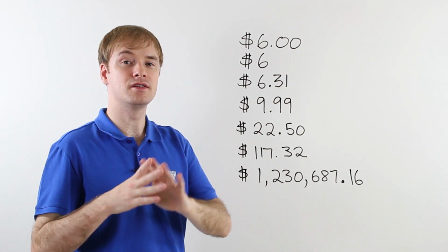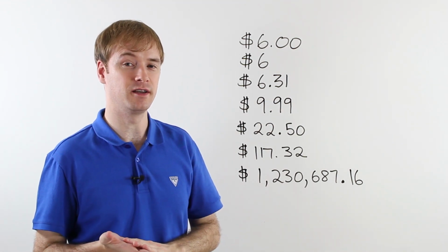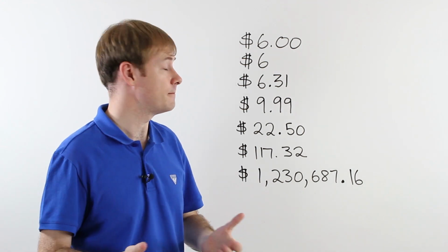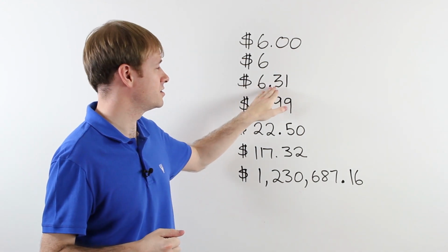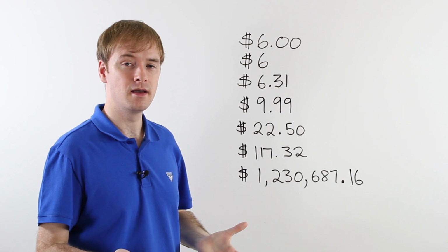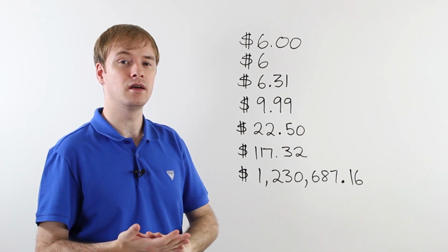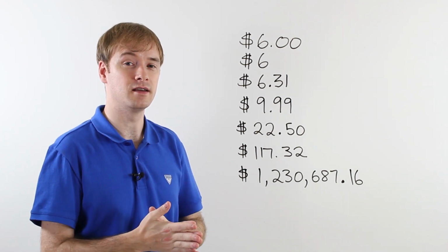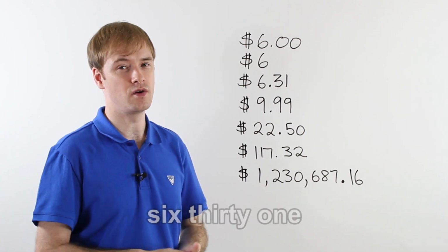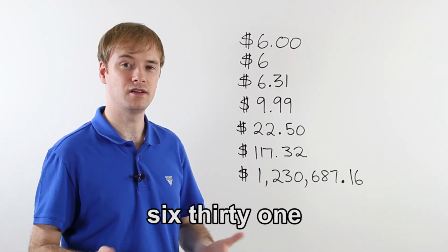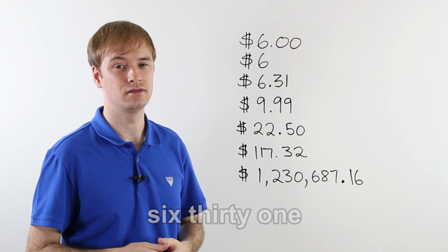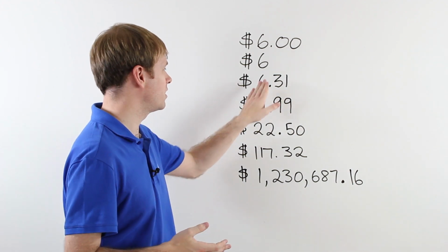Now, there's another way to express this money, a quicker way. As I said, $6 and 31 cents. But the quicker way, an American might say just "six thirty-one." How much is it? Six thirty-one. So you've got to be careful.